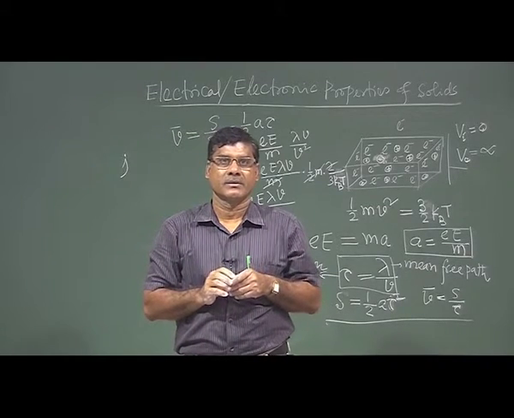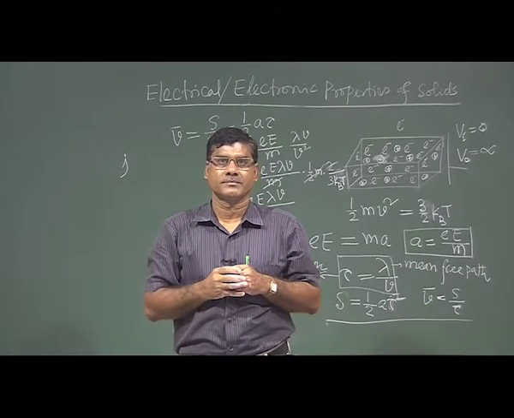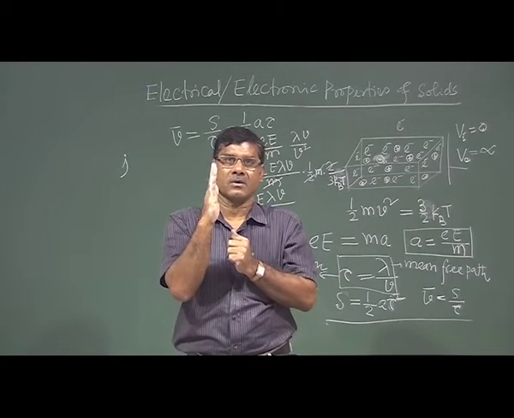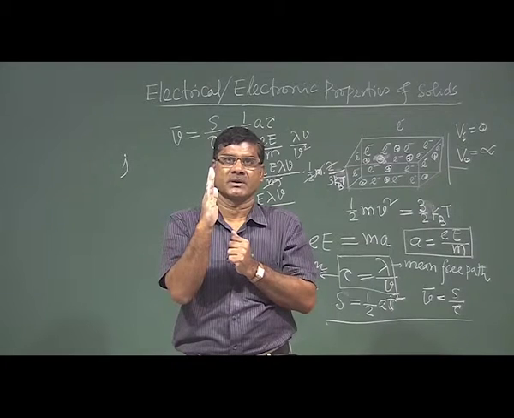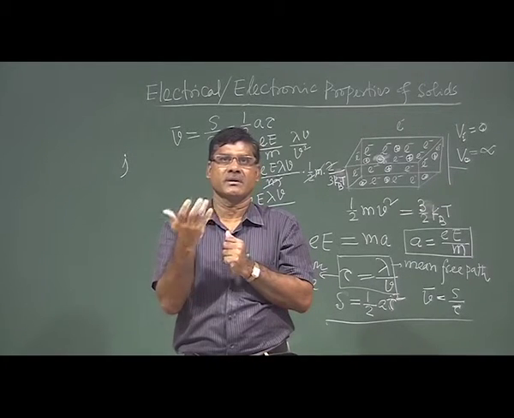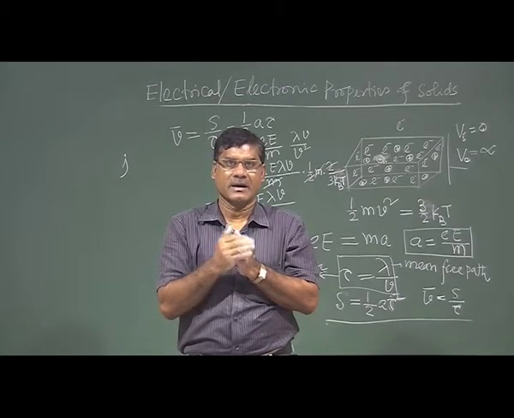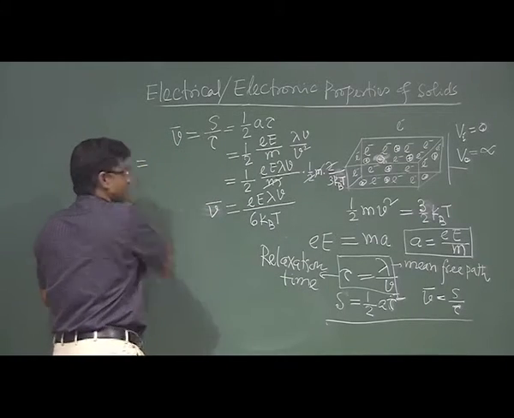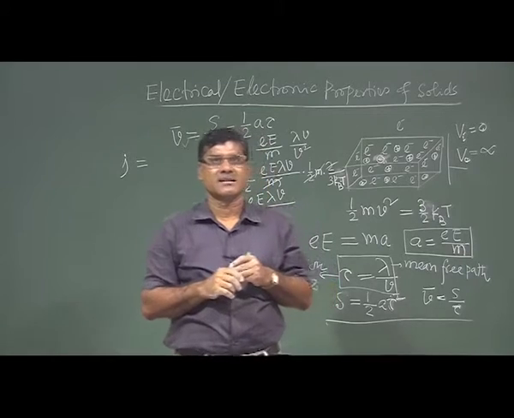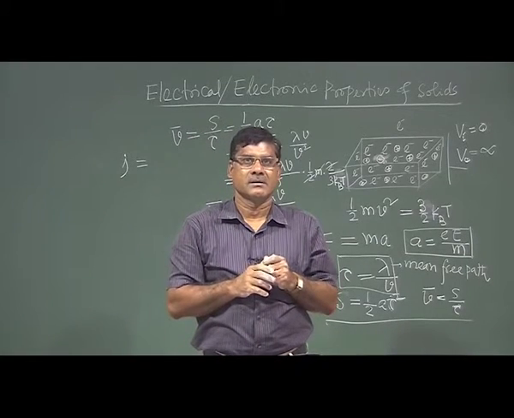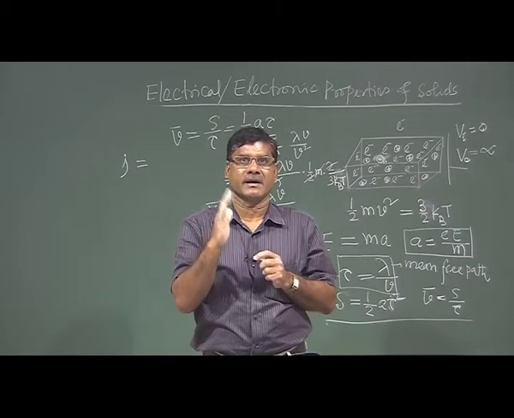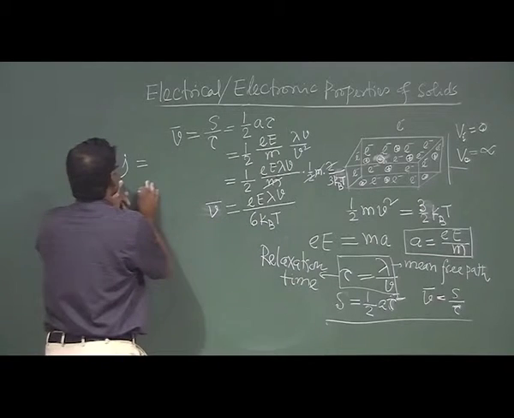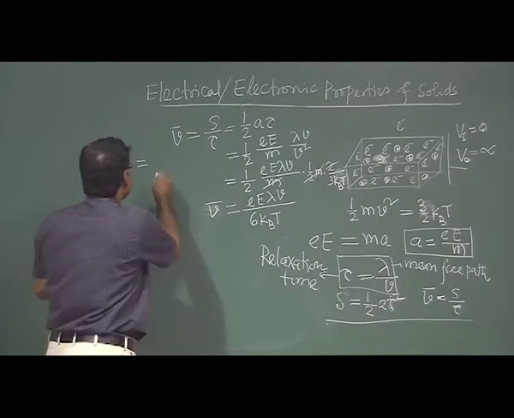Current we define as the number of electrons passing per unit time through a cross sectional area A. So, that will be the current. Current density is just per unit cross sectional area. So, this current density one can write.